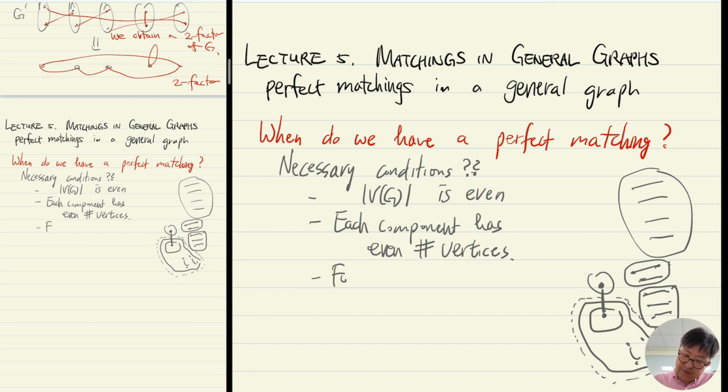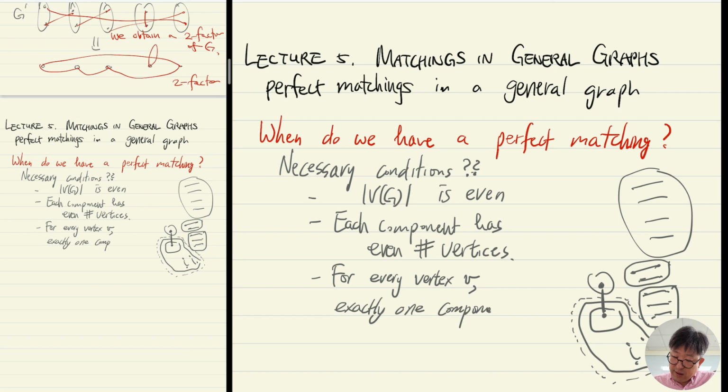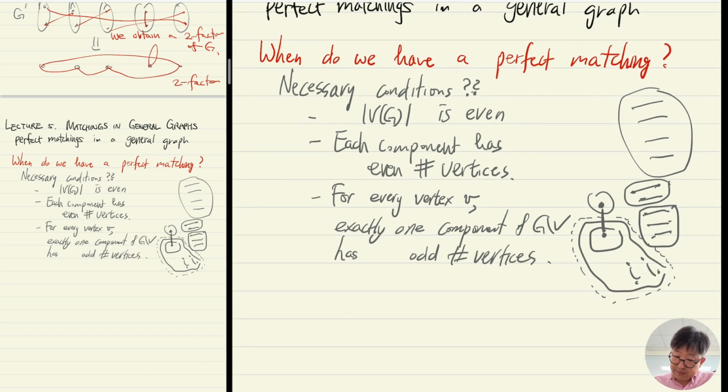So for every vertex v, actually exactly one component of G delete v has an odd number of vertices.